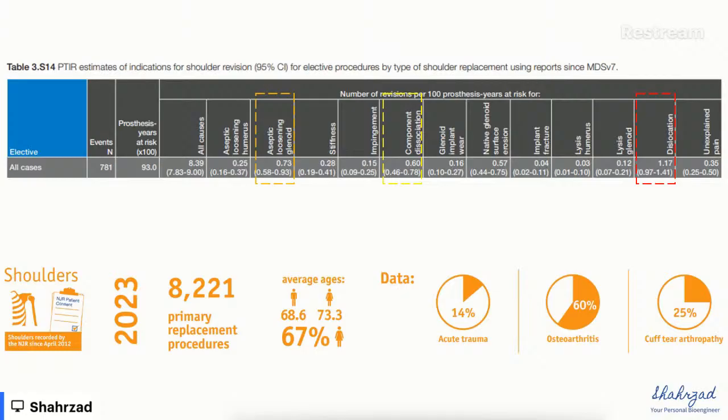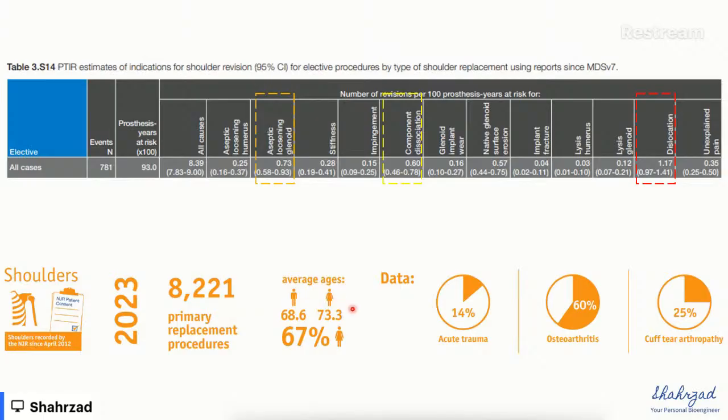If there's already an implant in the shoulder joint and the surgeon would need to replace it, it is called a revision replacement. But this is not what we are talking about right here. 8,000 primary replacement procedures is what we are interested in right here.